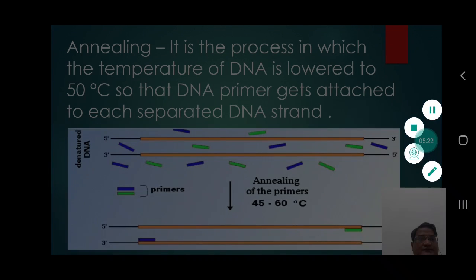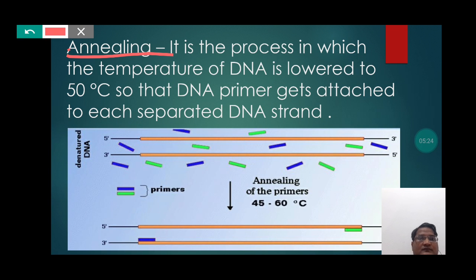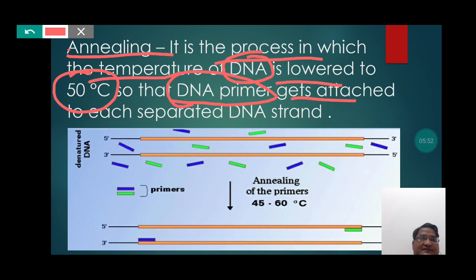So students, annealing is the second step in the polymerase chain reaction, where the temperature of the DNA is lowered to 50 degrees centigrade so that the DNA primer can get attached to each separated DNA strand.